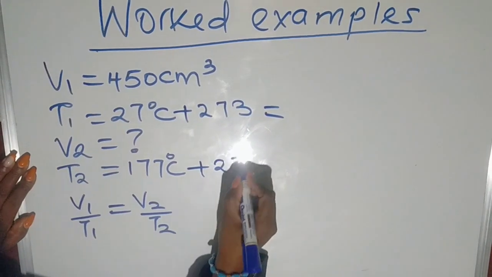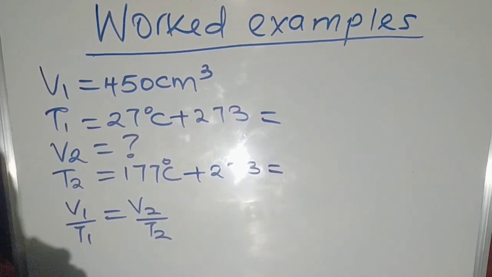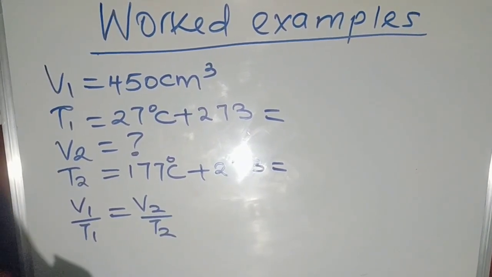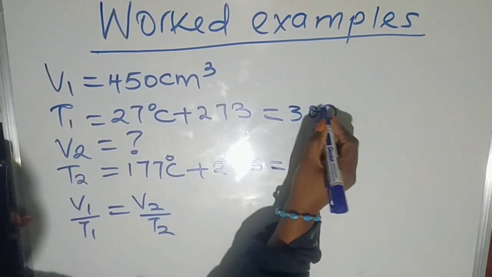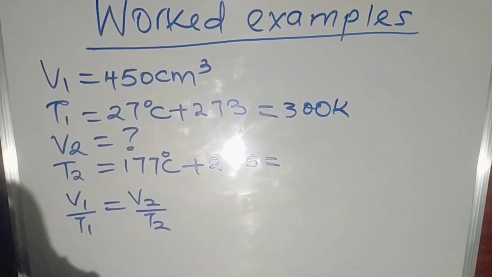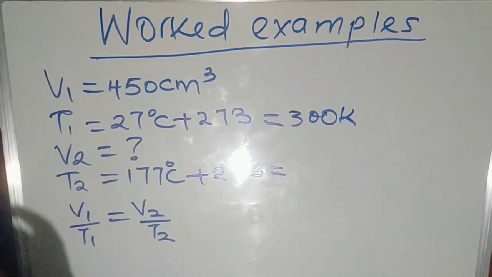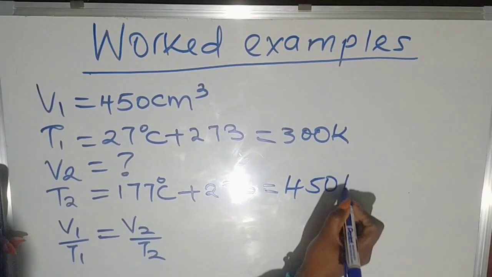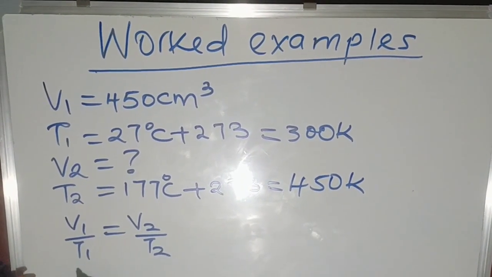So 27 plus 273 gives us 300 degrees Kelvin, and the other one will be 177 plus 273, which gives us 450 Kelvin.